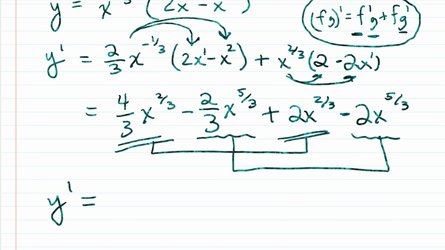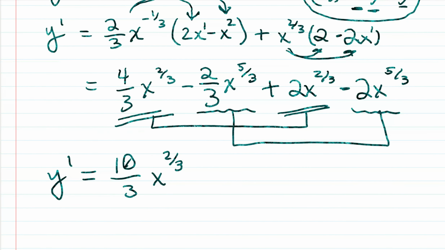So I'm simply adding 4/3 plus 2. So we rewrite 2 with a denominator of 3, that'll be 6/3. So 4/3 plus 6/3 is 10/3. And then we're just writing x to the 2/3 power.